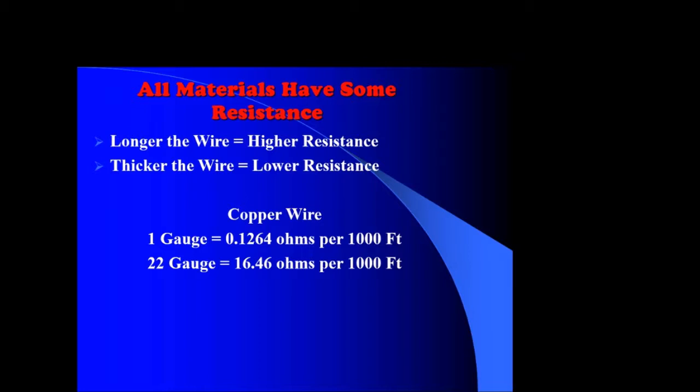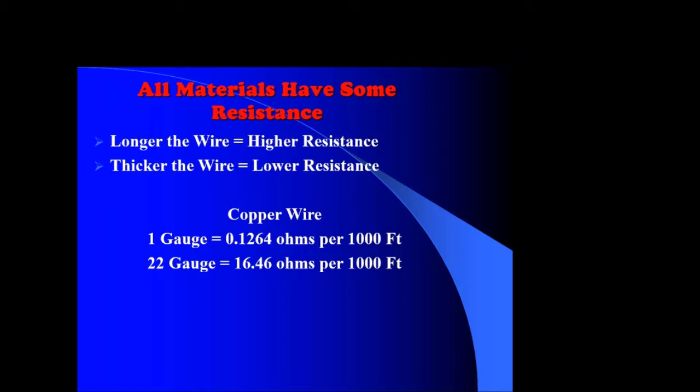So if we look at a 1 gauge wire, that's very, very large wire that we normally use in a forklift motor application, something like that. You've got about 0.1264 ohms of resistance per 1,000 feet, which is very, very little resistance.